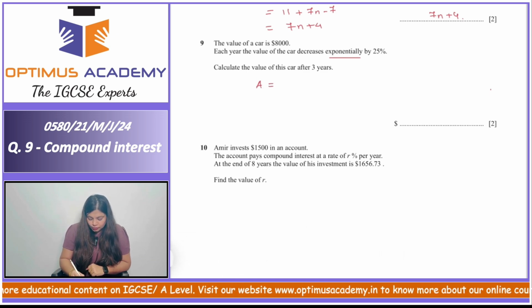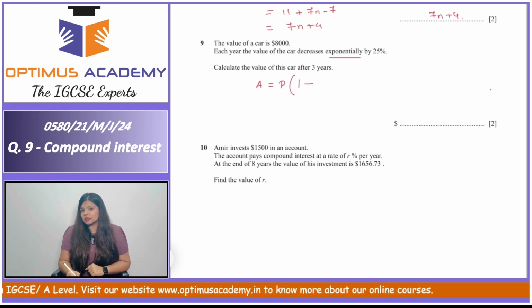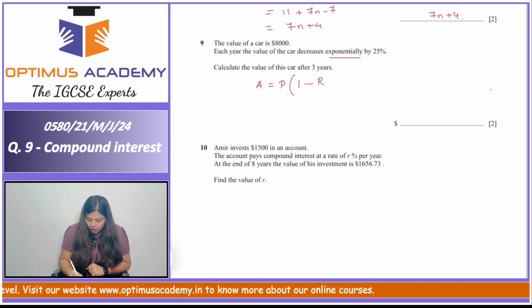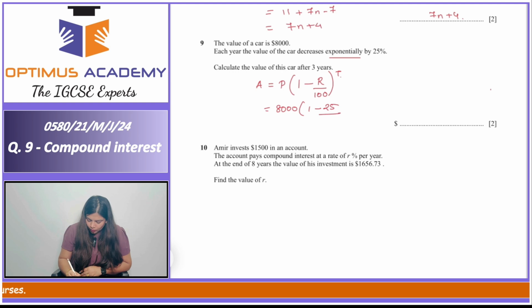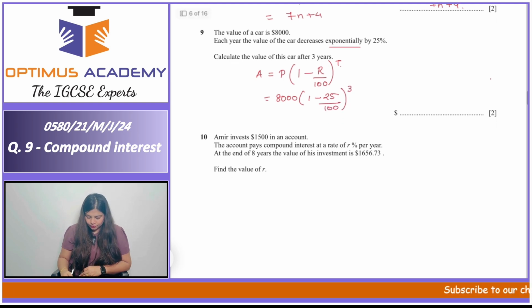Amount equals P, bracket 1 minus, because the question states decreasing, R upon 100, raised to T. So principal would be 8,000, 1 minus rate would be 25 upon 100, raised to time, which would be 3 years.